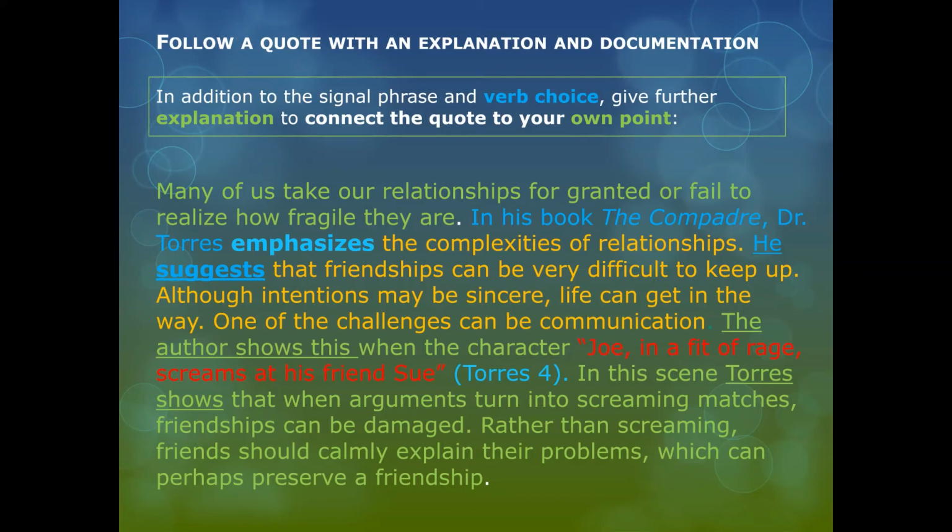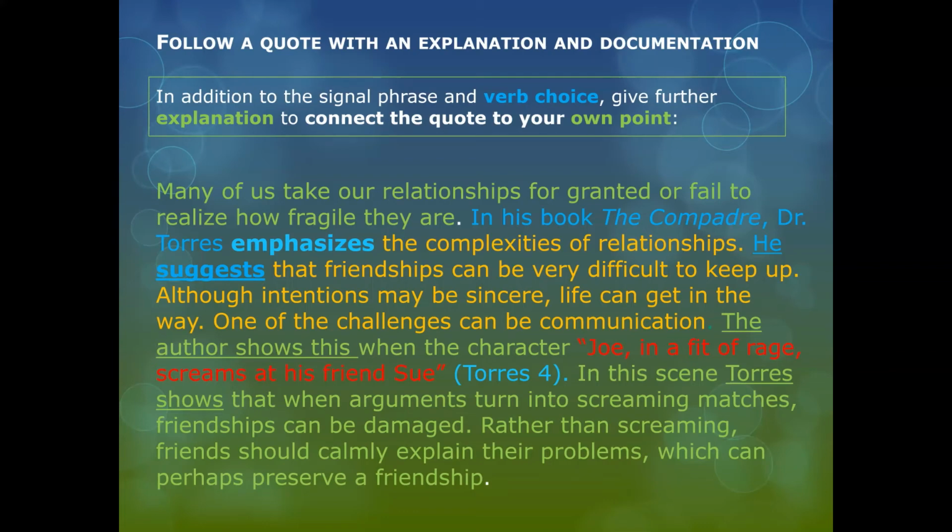And then there's my documentation, Torres 4. I put Torres in the parenthetical reference there, or the in-text citation, same thing, because I had not mentioned Torres in that sentence even though I had mentioned him above. All right. In this scene, Torres, and there again, I'm repeating the fact that I'm still talking about Torres, just so it's totally clear for my reader.